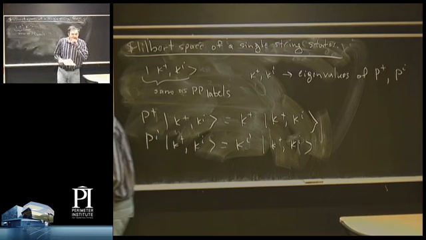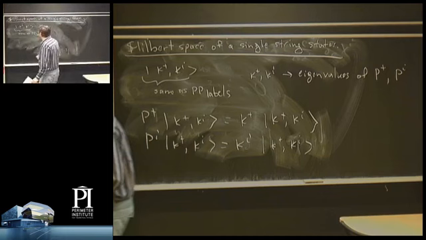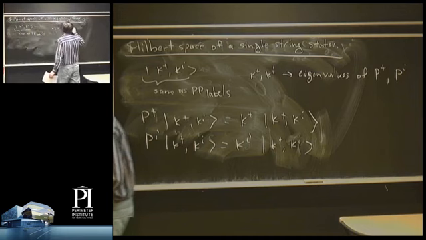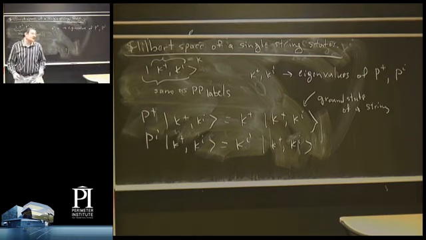So those k plus and k minus, those are just eigenvalues, k plus, k_i, eigenvalues of p plus and p_i. So those are our momenta.